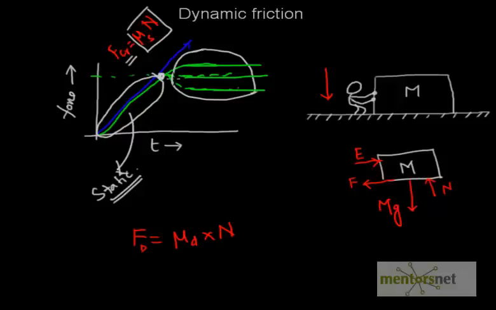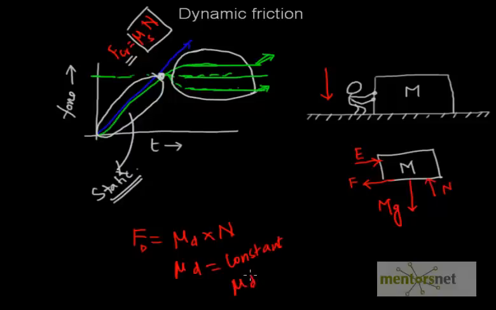If your coefficient of dynamic friction is greater than the coefficient of static friction, then it will be this line, which is higher than the critical friction line, which is this line. If it is equal, then these two lines will be coincident, and if it is lesser, it will be this line.